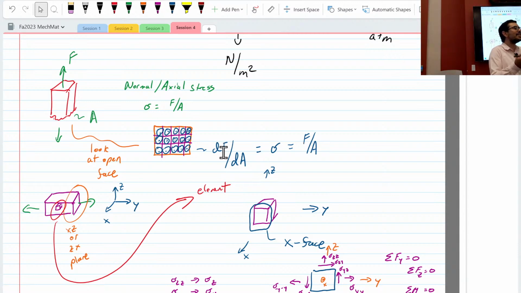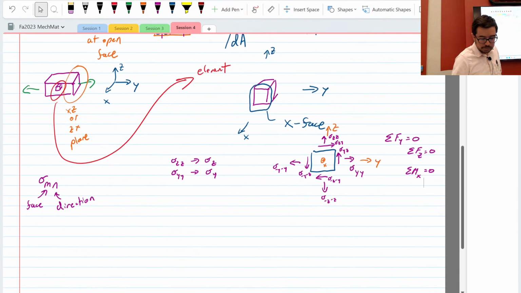If the stresses are in the same direction, acting over the same element, you can add them together. That's niceness. But when we're thinking about equilibrium, don't think about stresses in equilibrium. We still have to think about micro forces balancing out. We still have to think about micro moments balancing out.